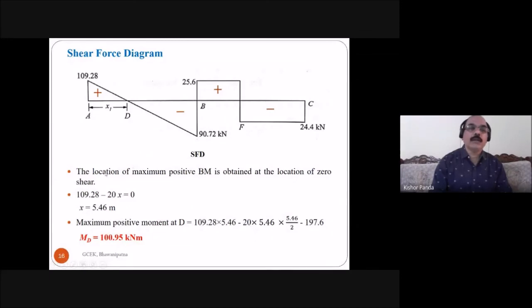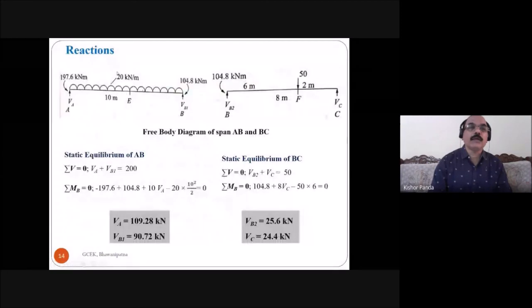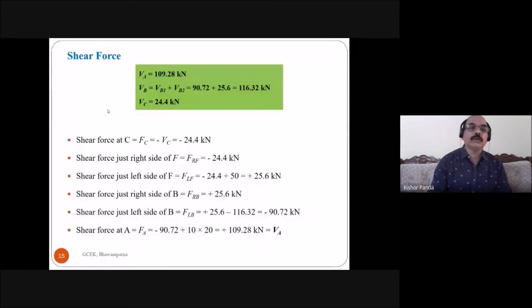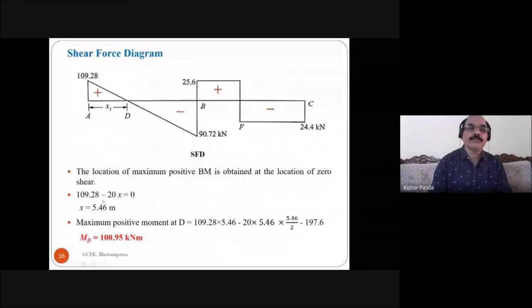Otherwise, you can also find it by taking the shear force at a section. You have to take one section here, find the shear force at that section, and make that shear force equal to 0. Then you will get the zero shear force position.